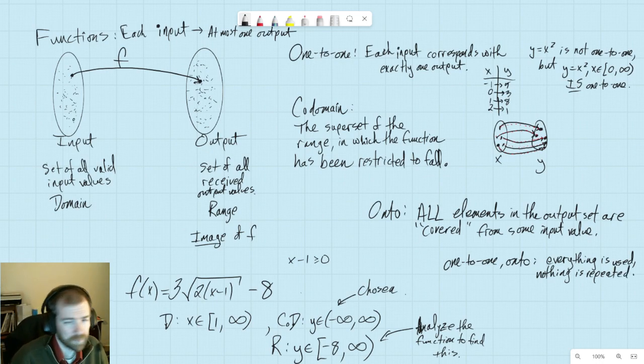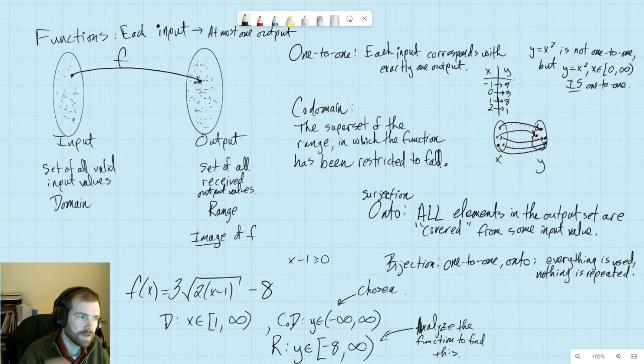So maybe that'll help. So bijection. One-to-one and onto. Everything is used, nothing is repeated. Onto was our surjection. Right? Everything in the target set, everything in the output set is being used. But it doesn't say anything about repetition.